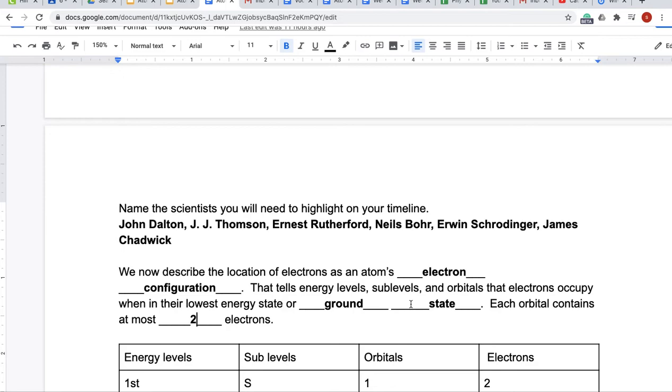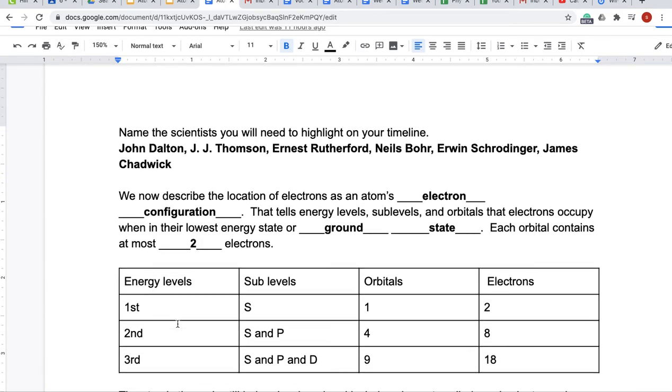Niels Bohr said that when you get the electrons excited, they'll move from one energy level to the next. But when they are in an unexcited state, at their lowest energy, they'll be in a specific orbital. And each orbital can contain at most 2 electrons.